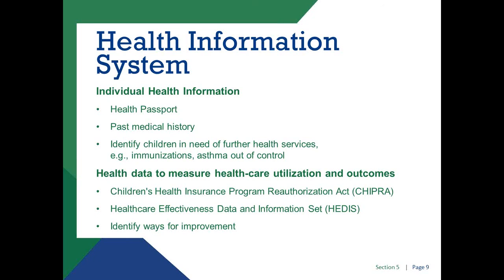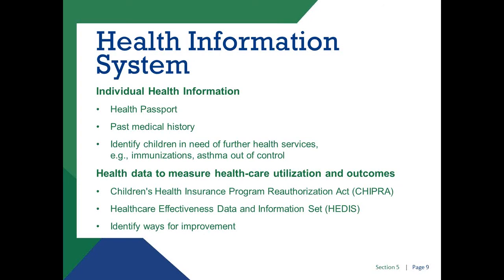Does the foster parent need more? Does the child need more information about asthma? So we can send our DCFS nurses into the home to help with education, identifying barriers, identifying problems in the home, such as smoking, pets, etc. The idea is that we can identify individual needs for these kids.